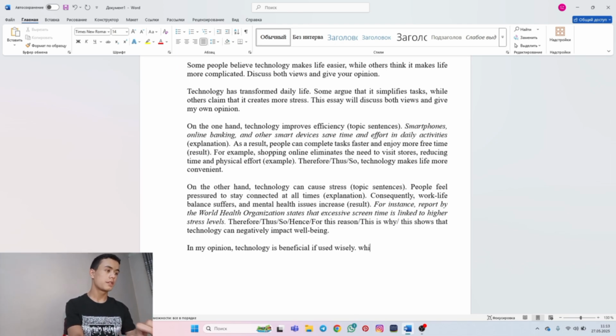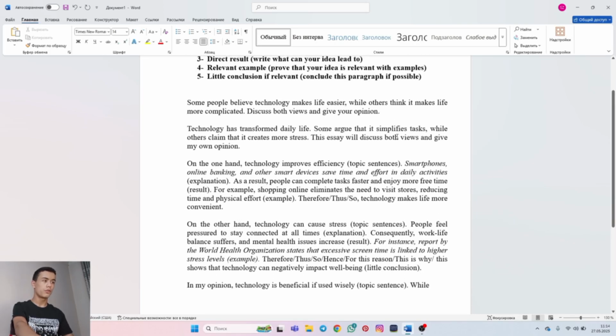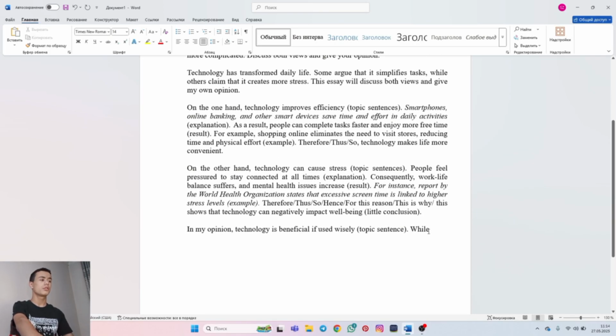And we just have to give some explanation for this. I just have to write like this. And in my opinion, the third body, because we are given like this, give your own opinion, and we are about to do so.